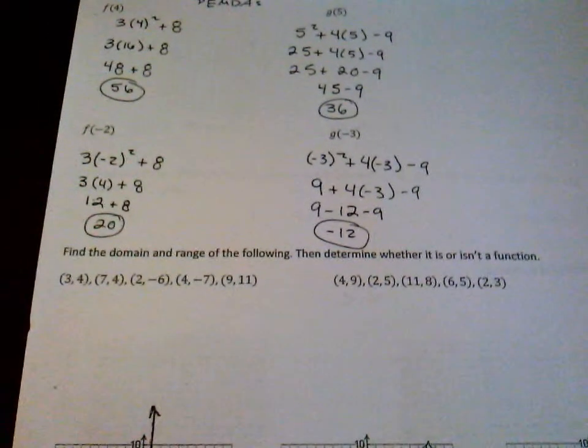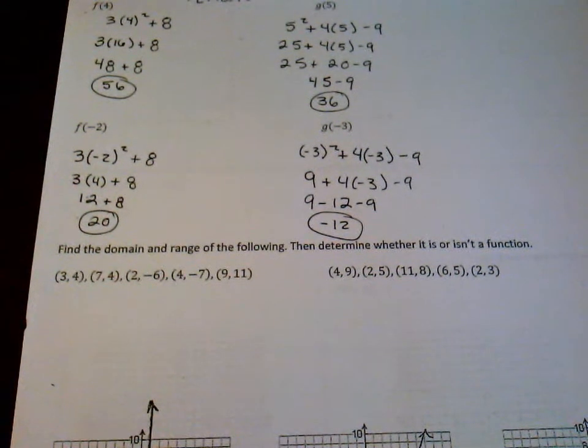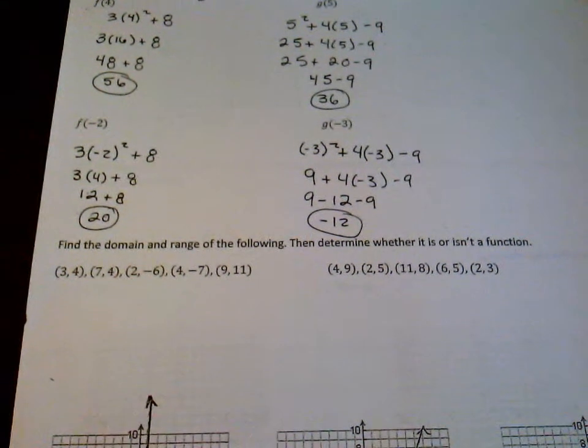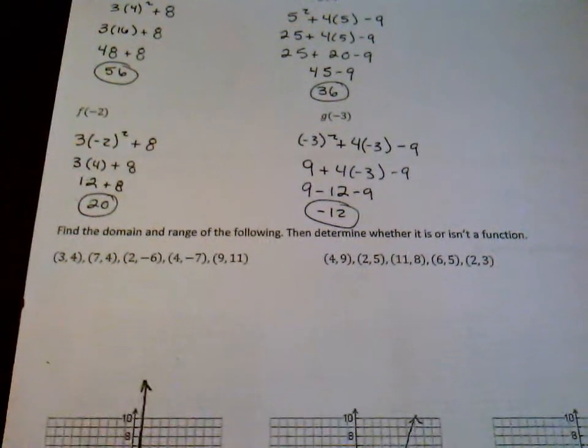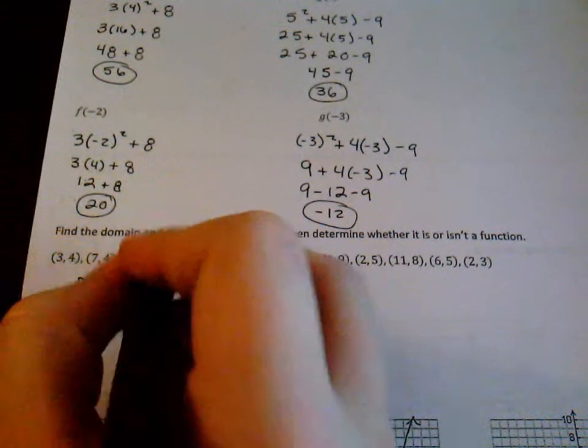It's asking you to find the domain and range of each, then determine whether it is or isn't a function. So remember on this first one, domain means x's, range means y.